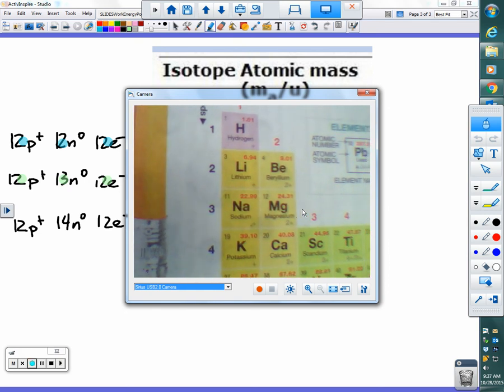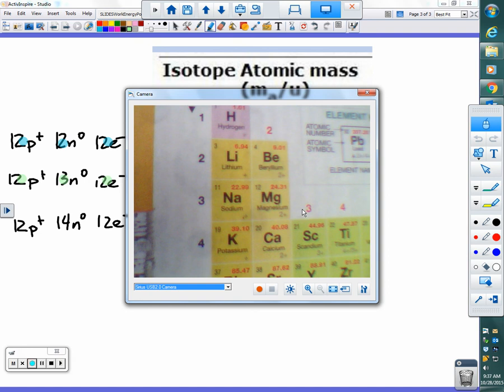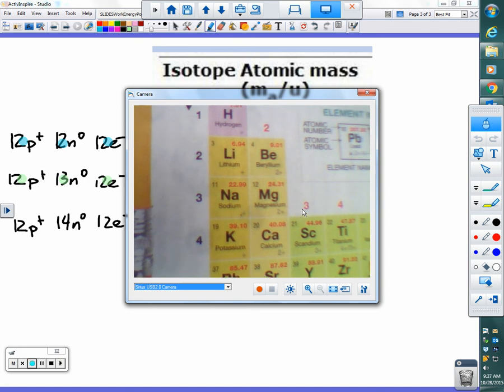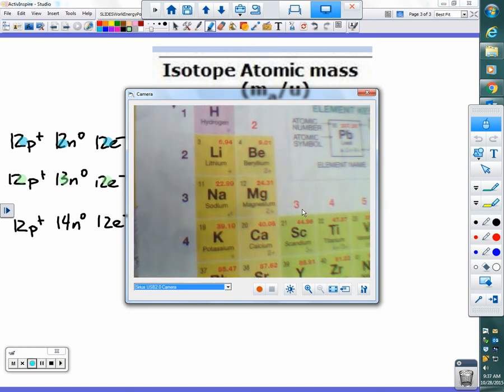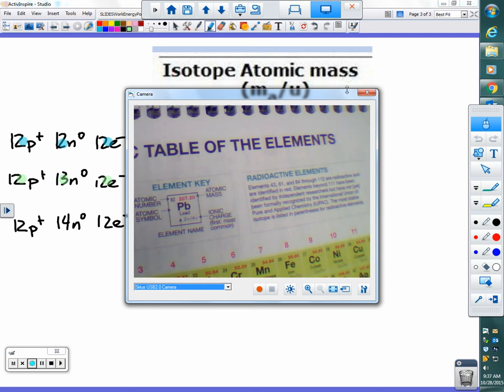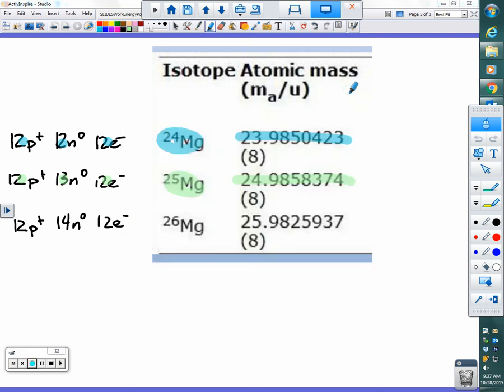What's the atomic mass listed on magnesium? 24.31. If you look at this chart and those 3 atomic masses, what do you notice? Are any of them 24.31?